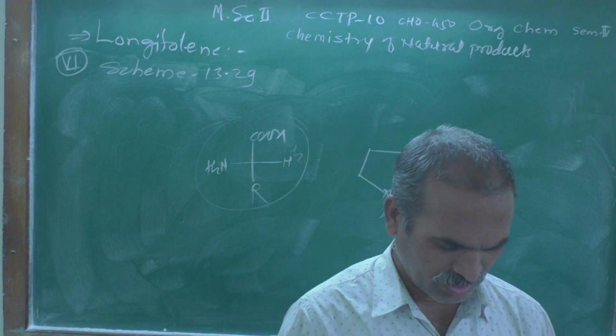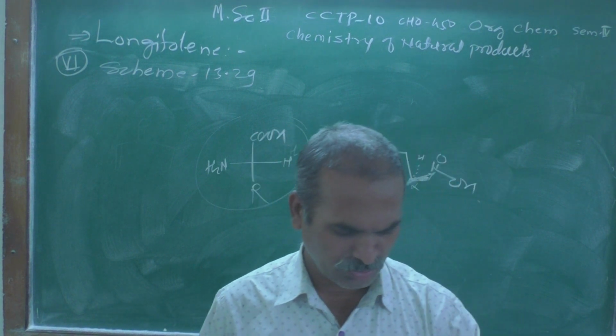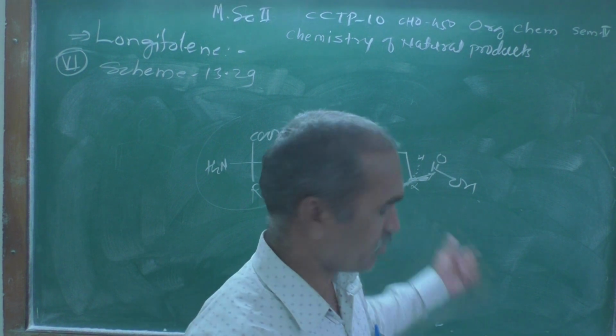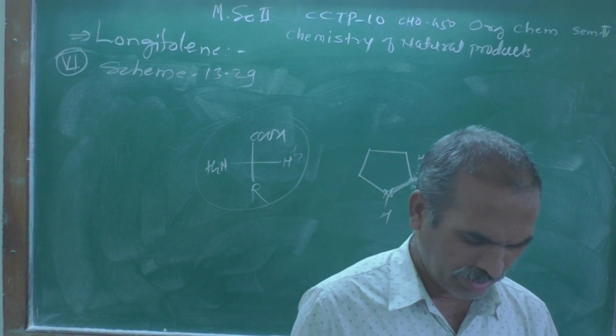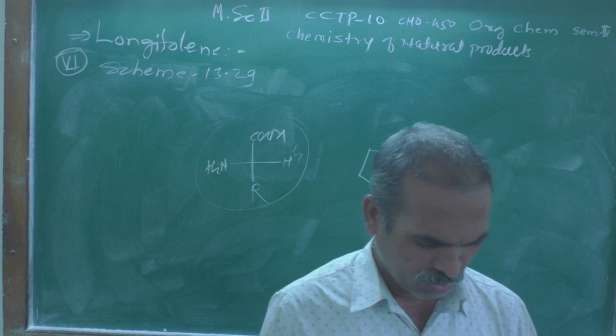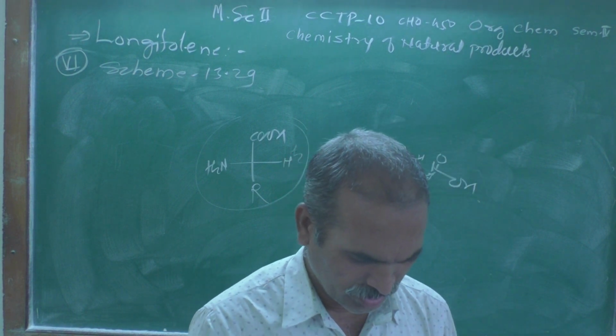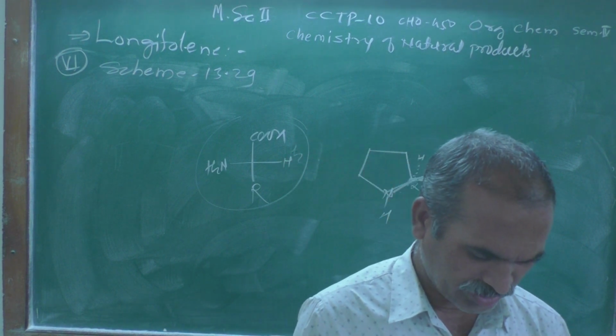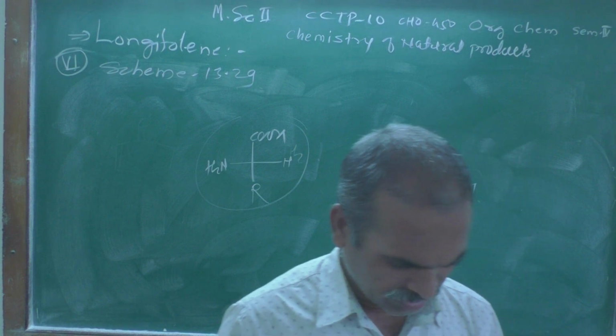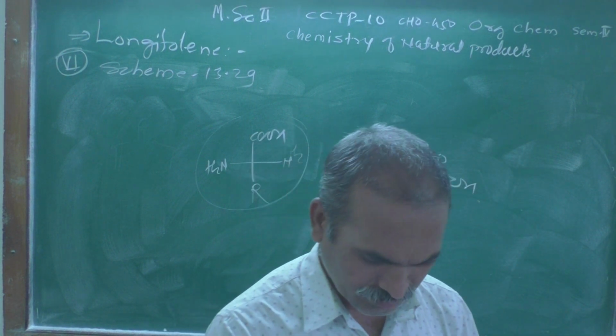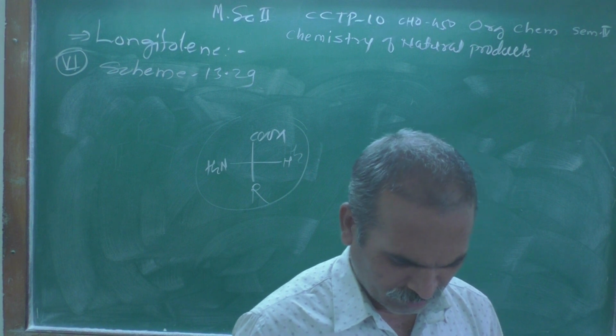We are not going into detail on that, but just remember this is the structure of L-proline. Proline was enantiomerically converted to the product of step A in scheme 13.30, which we will see later on.